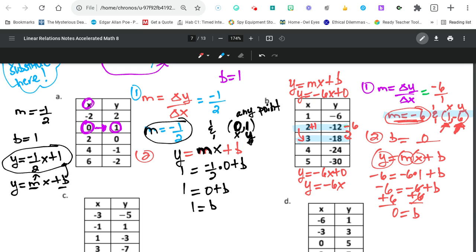So instead of the equation being in what we call y equals mx plus b form, it's just y equals mx form, okay? The plus b is a 0. When you see y equals mx form, that means you automatically know your b is 0, so you don't write it. So you just leave it like that, okay? If that doesn't make sense, please pause the video and let me know.